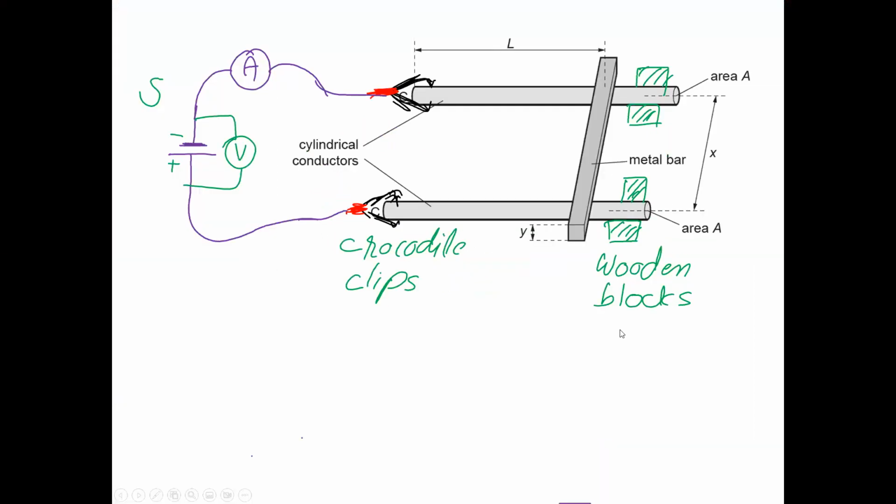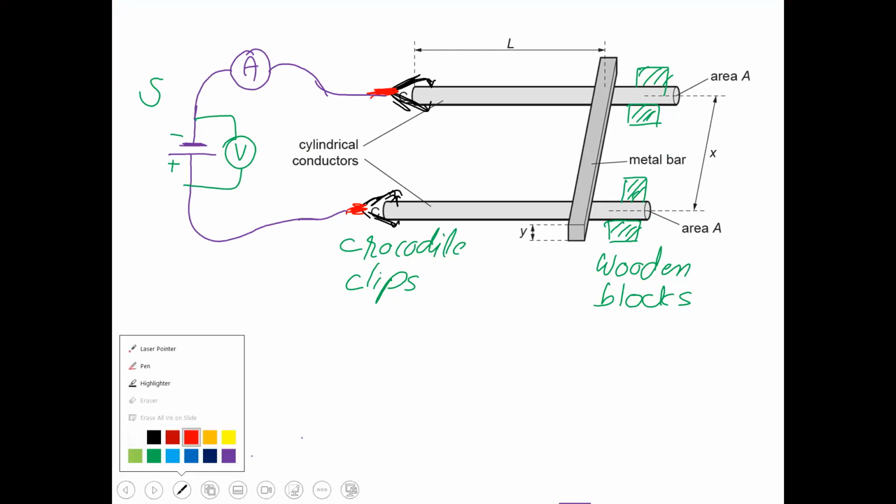Now, right under it, switch on the circuit. I forgot to make a switch here. So please make a switch. Switch on the circuit.